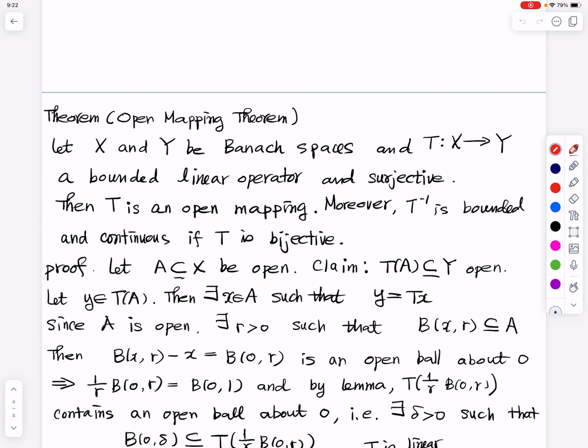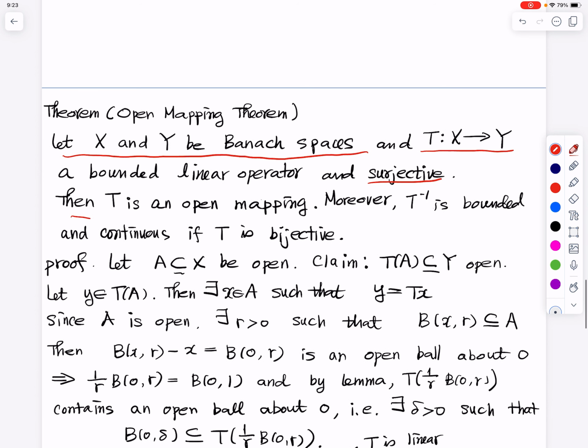Suppose X and Y are Banach spaces, and T is a bounded linear operator from X to Y, and also it is surjective. Then the map T is an open mapping.